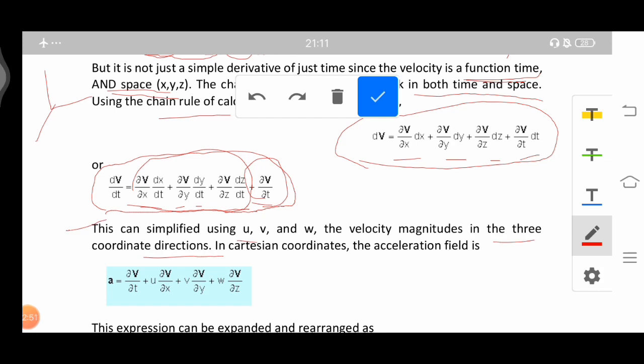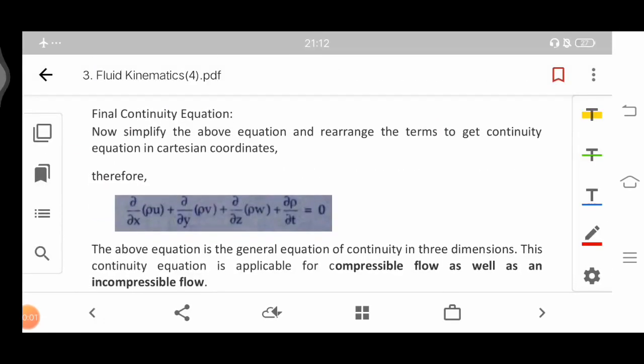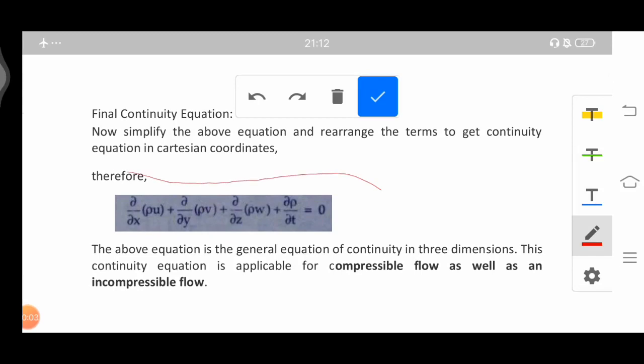In Cartesian coordinates, the acceleration field is del v upon del t plus u del v upon del x plus v del v upon del y plus w del v upon del z. So just move on. In this continuity equation, we have the rate of change of mass flow rates.